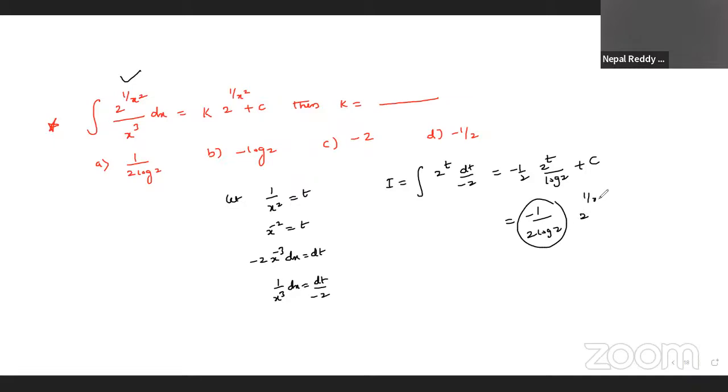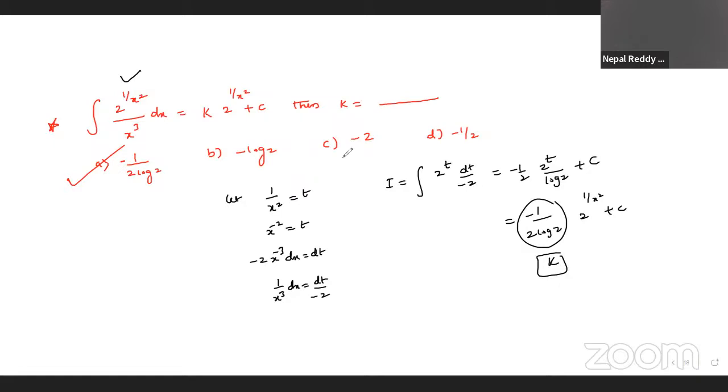T is nothing but 1 by x square plus c. This is the value of k. And here the constant, it should be minus sign. Then only this is correct. Option A is the right answer in this case.